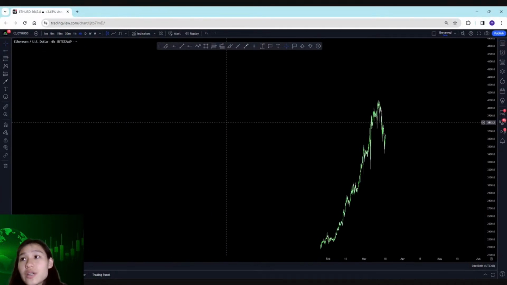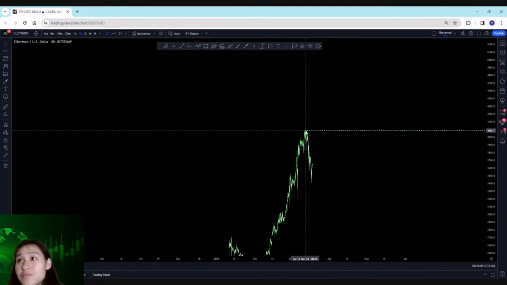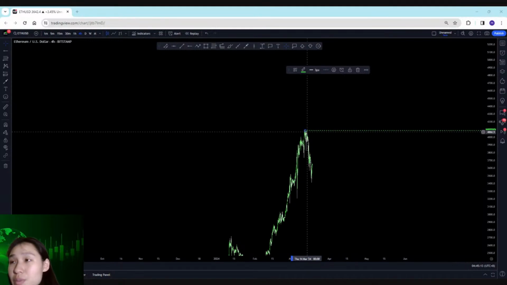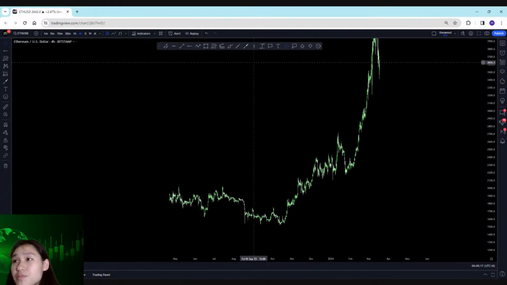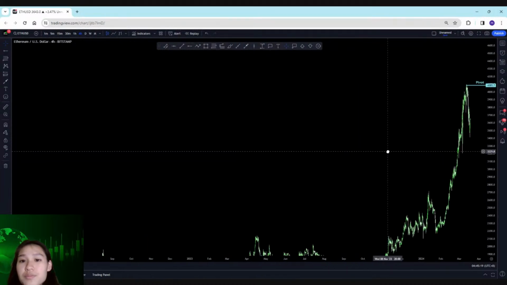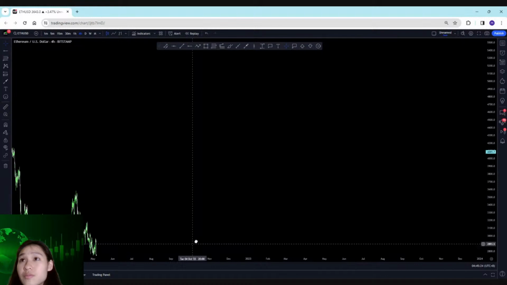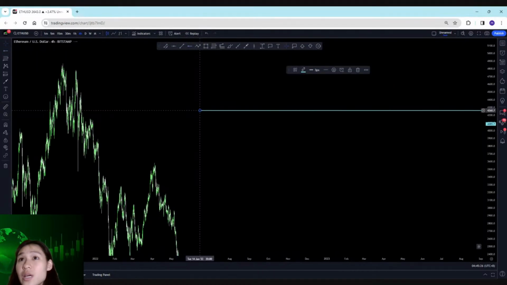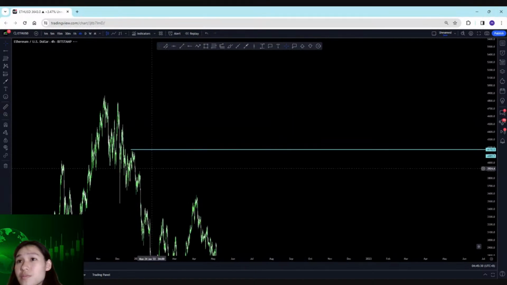Okay, so on our 4-hour time frame, I'm gonna place my first resistance here. Actually, maybe I should place my pivot here instead, and my first resistance up here.